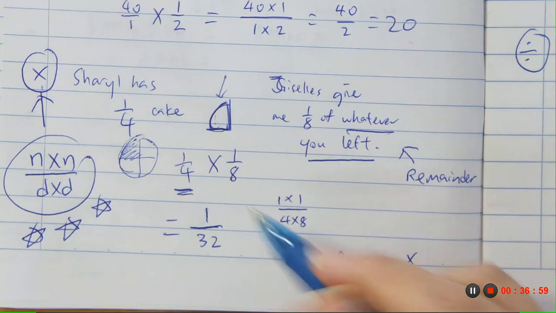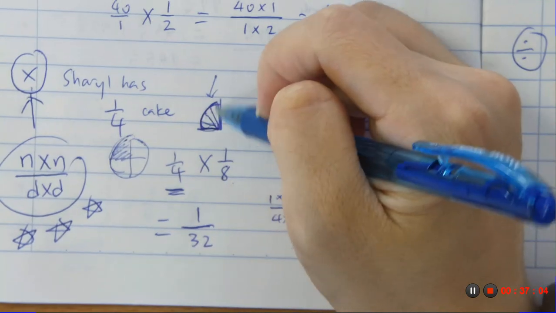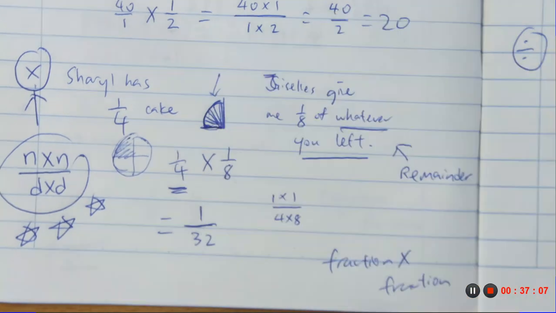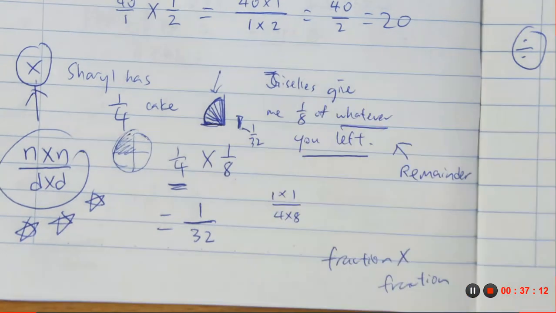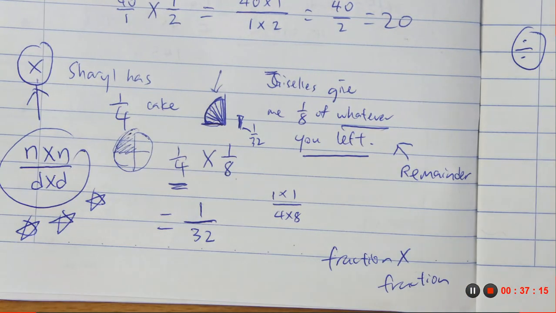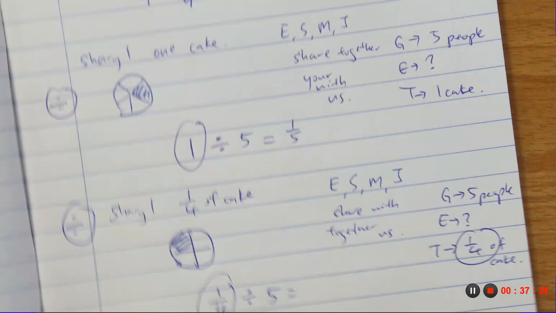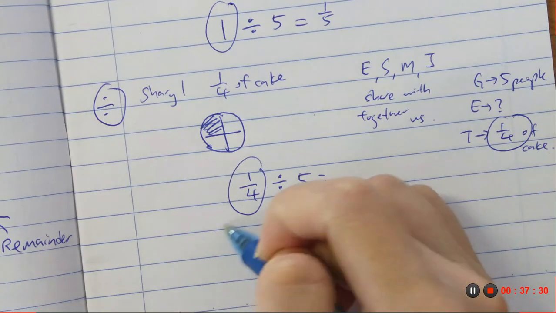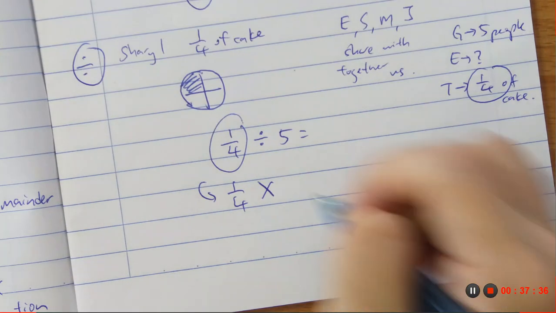You are going to cut this into 8s, into teeny weeny bits. Then 1 teeny weeny bit is 1 out of 32. Can you understand that? So when I cut it into teeny weeny bits, what action is that? Dividing. You understand it? So when I say 1/4 divided by 5, I can also say that it's 1/4 times 1/5.